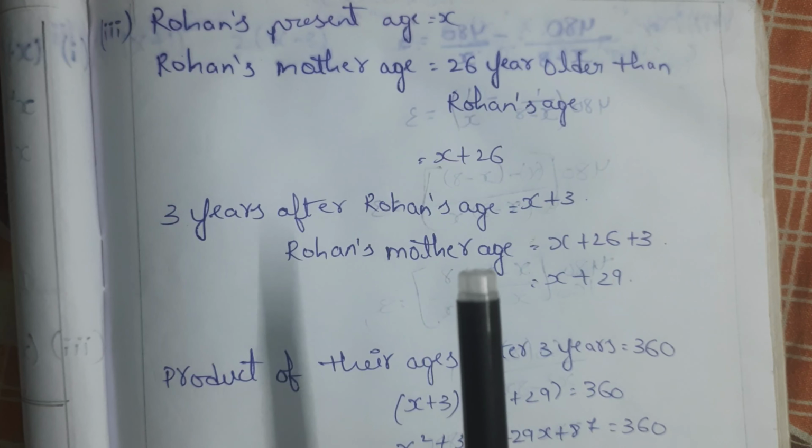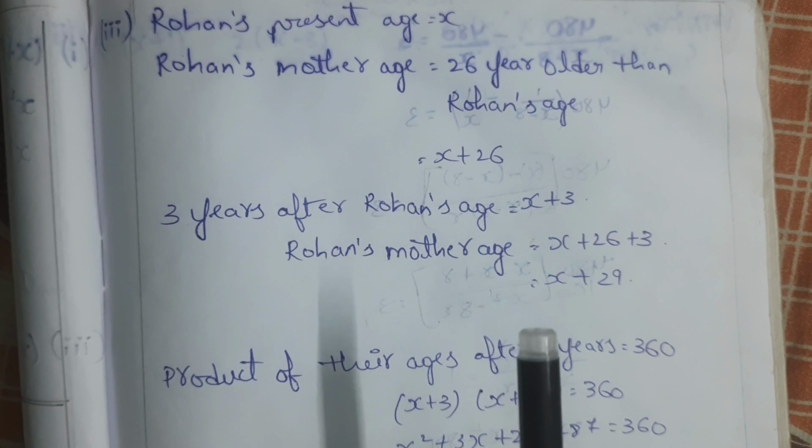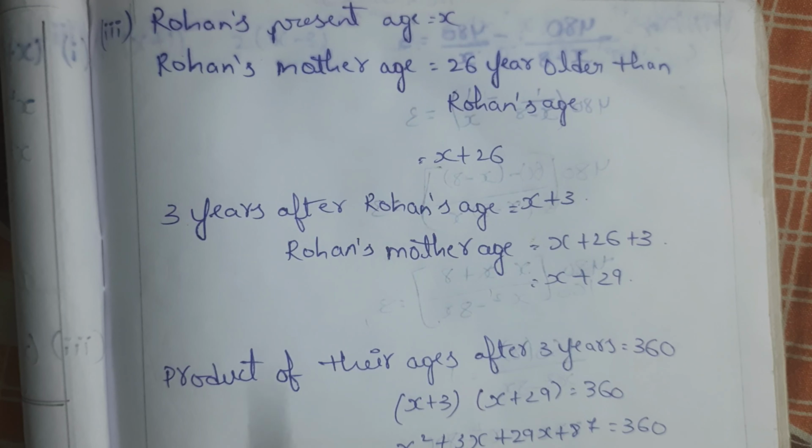The product of their ages in years, 3 years from now, will be 360. We would like to find Rohan's present age. This situation sum we need to write in the form of a quadratic equation. It is 4.1 second Roman third sum.